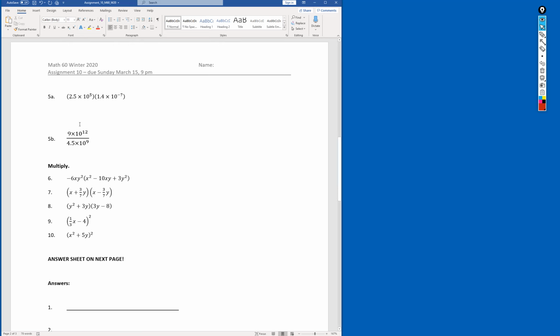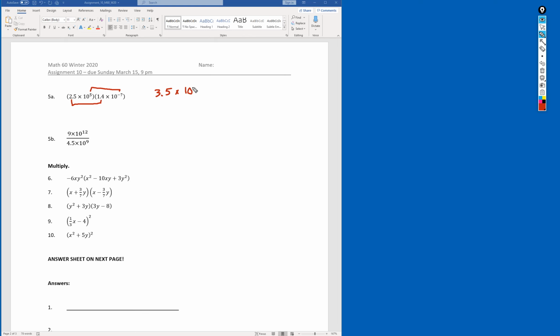All right, on this one, just multiply 2.5 times 1.4, which is 3.5. And then combine 10 to the 5th and 10 to the 7th. So in this case, just add the exponents. 5 plus -7 is -2.